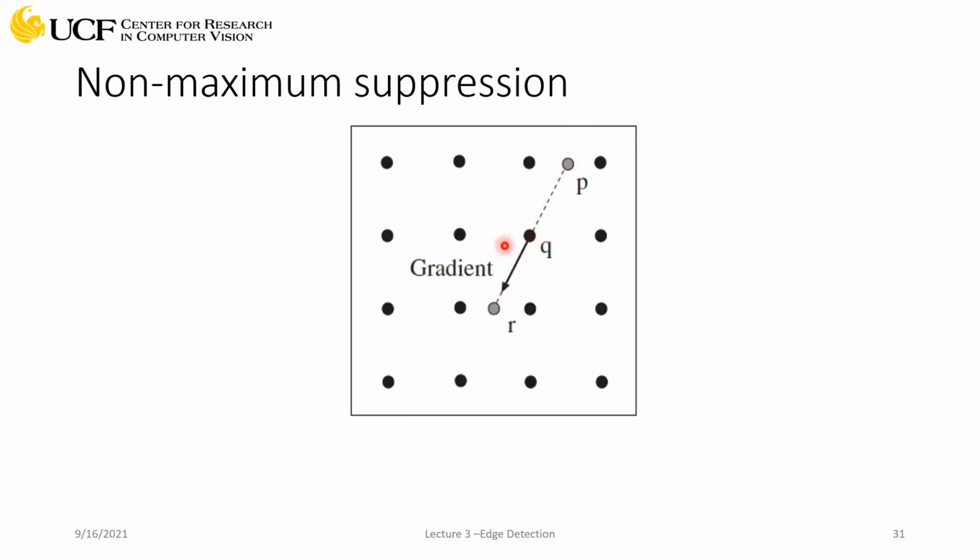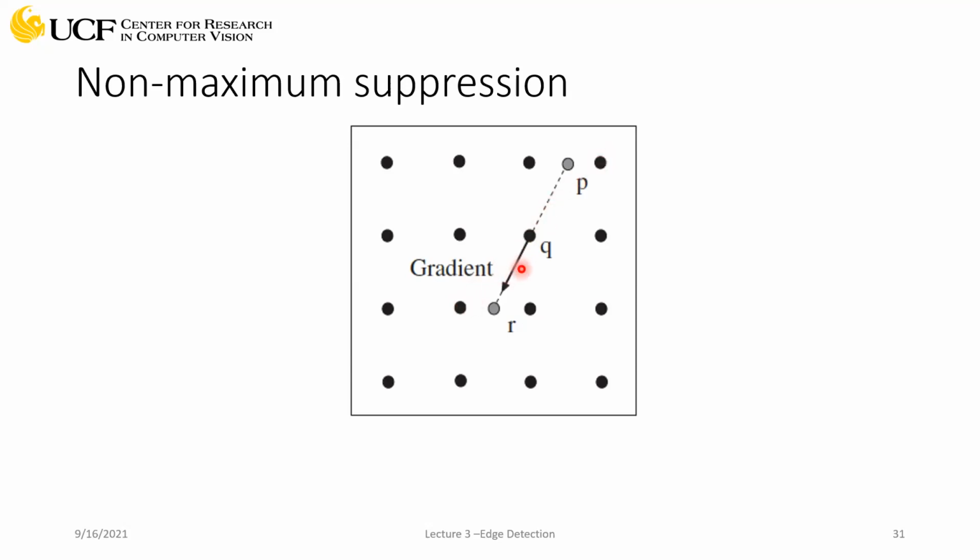Sometimes your orientation is not well aligned with your discrete space. If this perpendicular arrow passes through this black spot and this black spot, then we don't have to worry. We already know the neighbors, this value and this value.